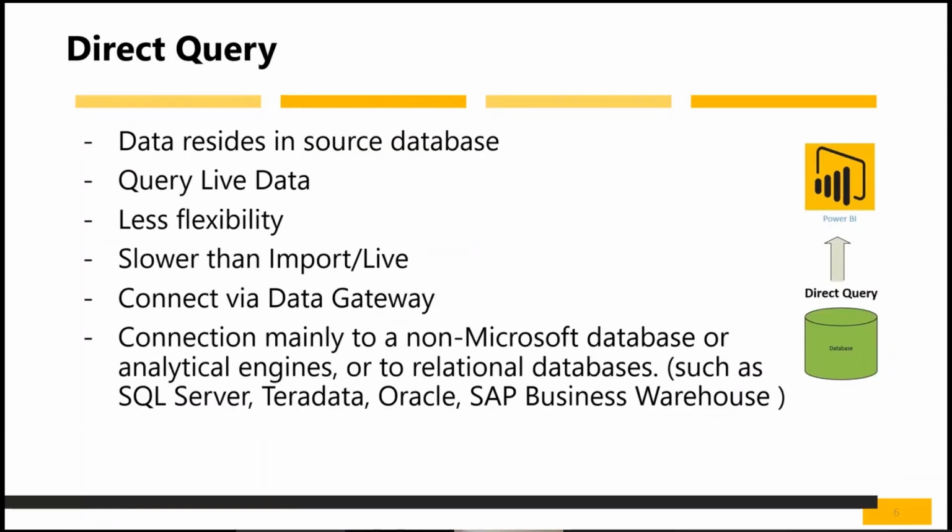The next connection is DirectQuery. That means the data resides in the database. From the right-hand side, you can see the data resides in the dataset. Here, assume that there are 20 charts in the Power BI report. The queries go to the database, get the output, and give it to the Power BI report. So it will take some time to get the data.